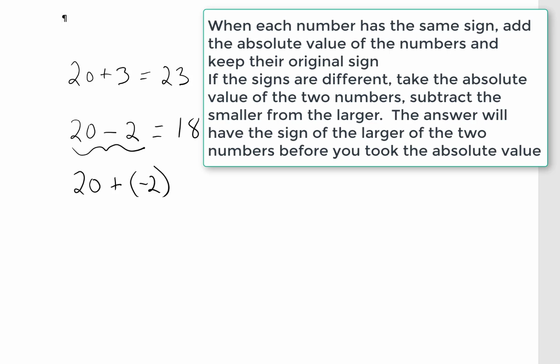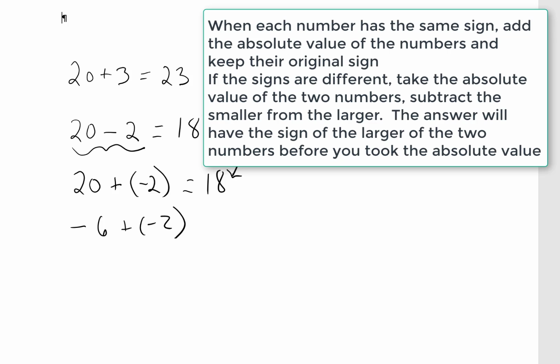So a negative 2 is the same thing as subtracting a 2. Both of these would leave me with 18. And how you think about it might change in a particular situation, but how you handle it obviously remains the same.